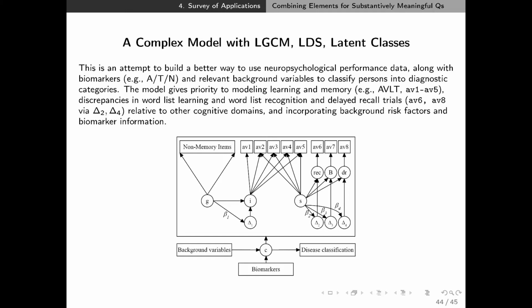So what's in here? First of all, I've got a test like the AVLT, which is a word list learning and memory test. There's usually 5 learning trials of a 15-item word list.